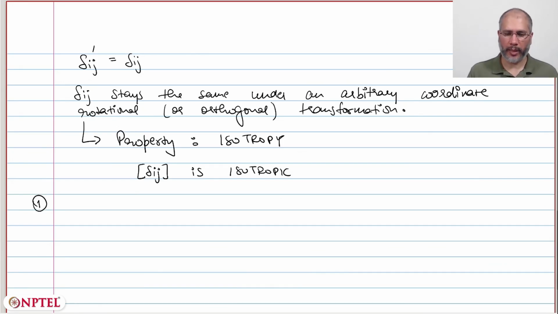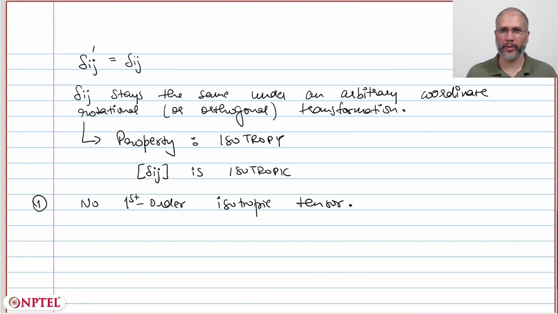So I'll write it down that there is no first order isotropic tensor. We just discussed that there is no vector that stays the same under an arbitrary orthogonal transformation. So this can be written as there is no first order isotropic tensor.